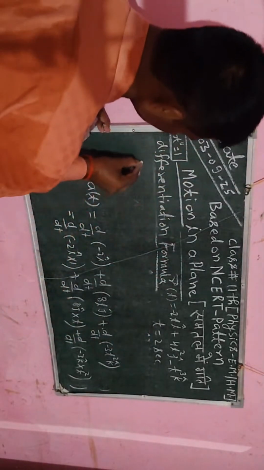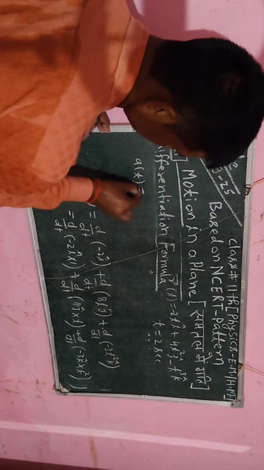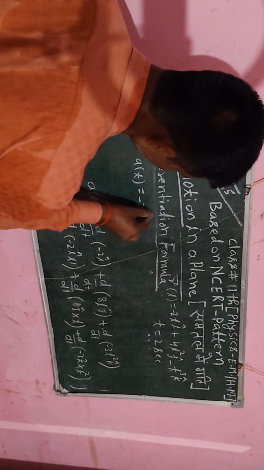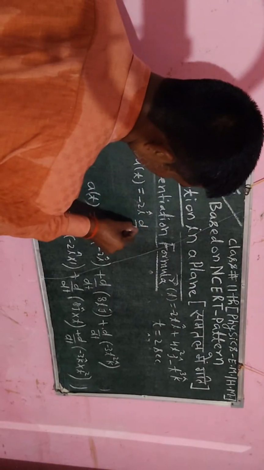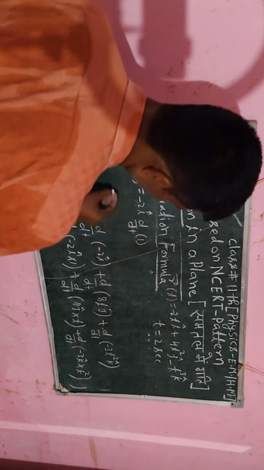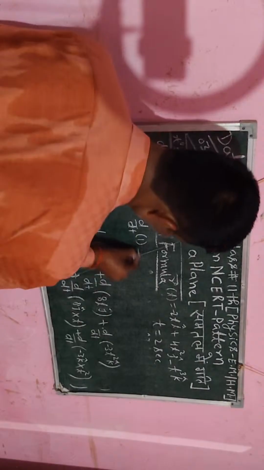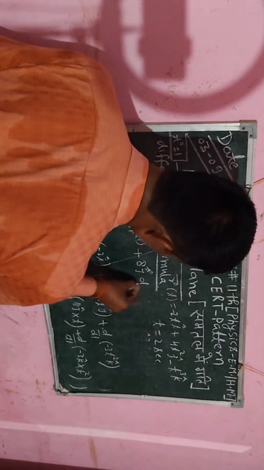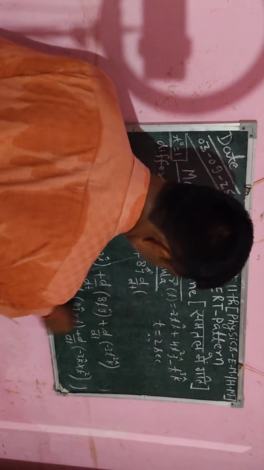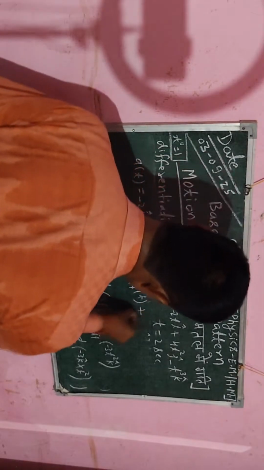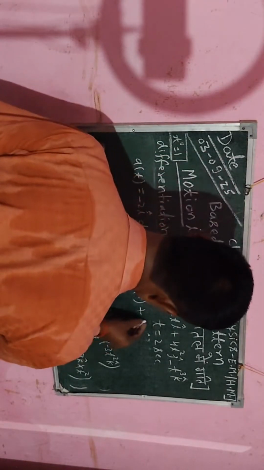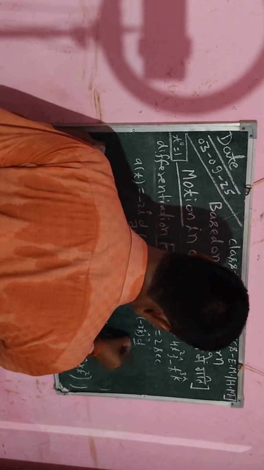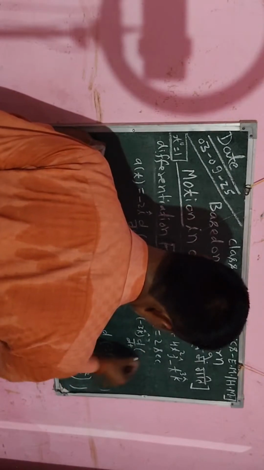So here I will write a of t, which is equal to -2 vector i cap, which is constant, and then d/dt with 1 in the bracket. Similarly here I will say 8 is common, so I write it outside, and then d/dt with t in the bracket, and then minus 3 vector k cap with d/dt of t square.